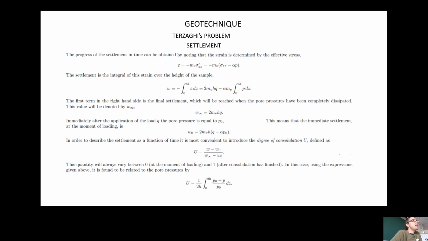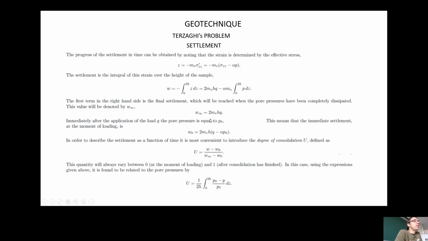This means that the immediate settlement at the moment of loading is W0 equal, we can see here, 2 m_v H that multiplies Q minus alpha P0. So this part is, of course, equal to P0.